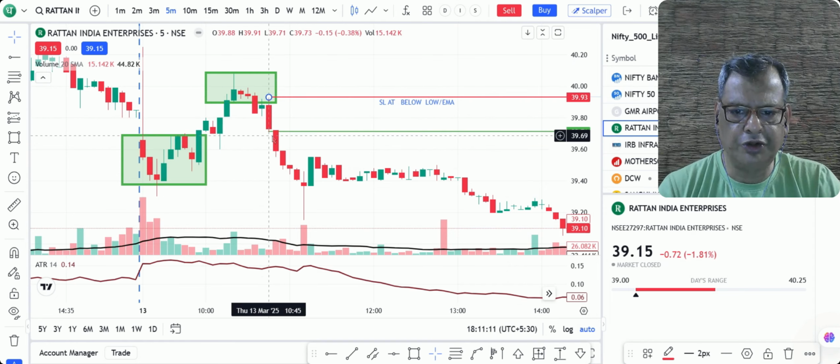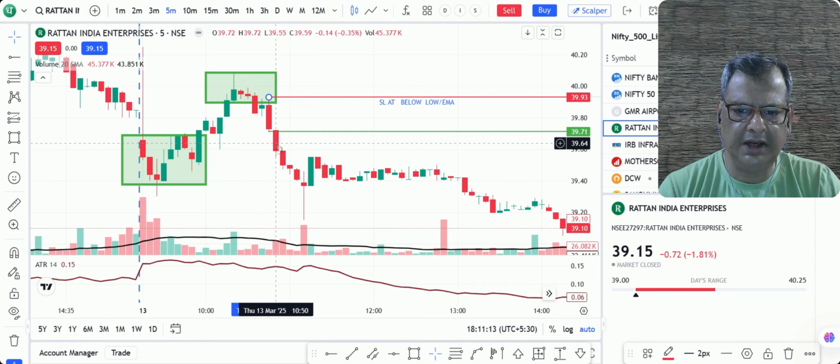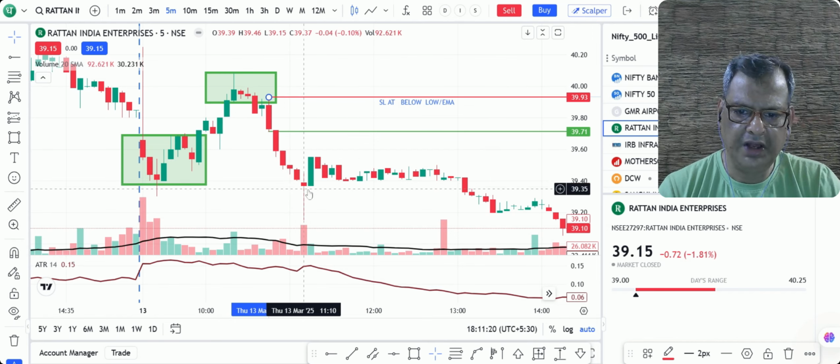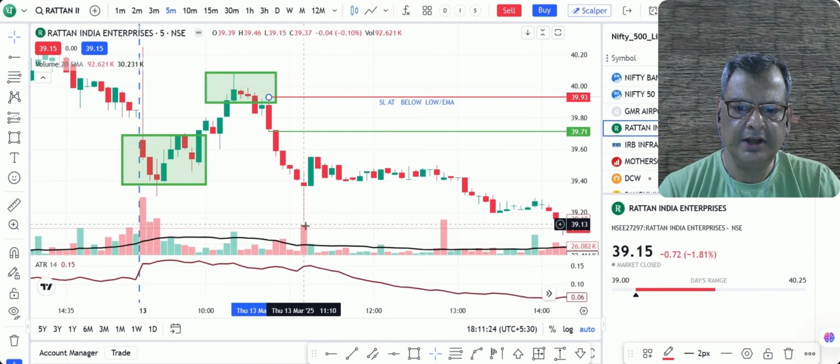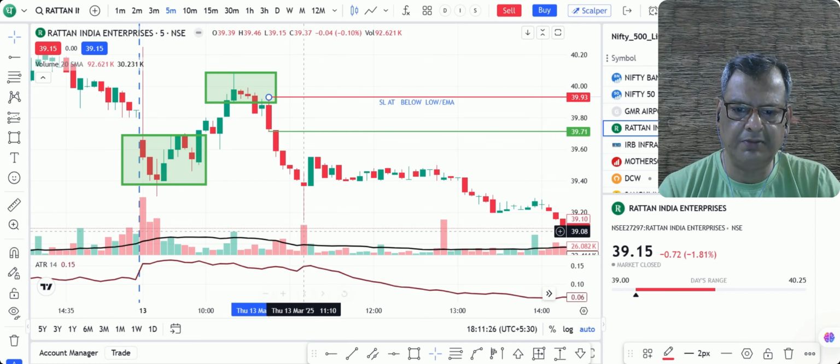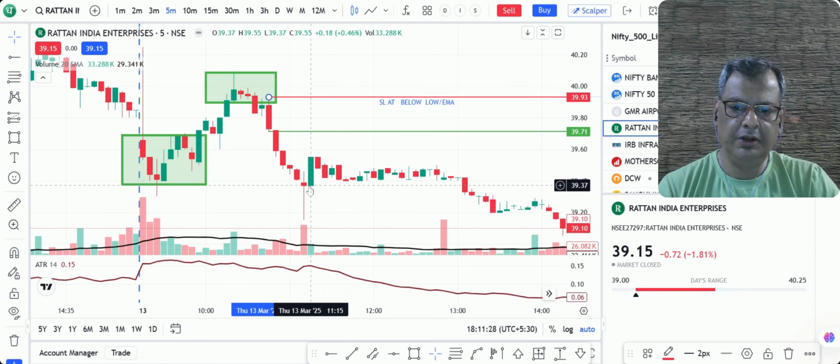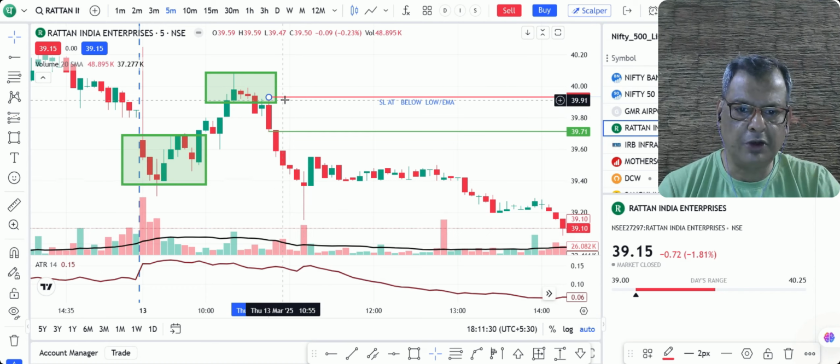I have gone short here, and we are in the money. We started making money. Price is going down, going down, going down, and then you have this huge candle. This is a hammer candle. It's a doji, but it's also a hammer. Now, is my stop loss going to be here?